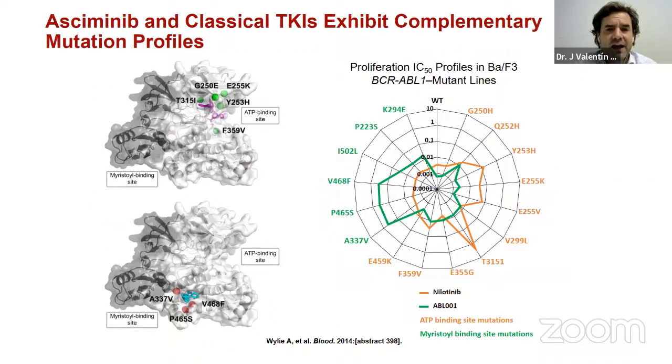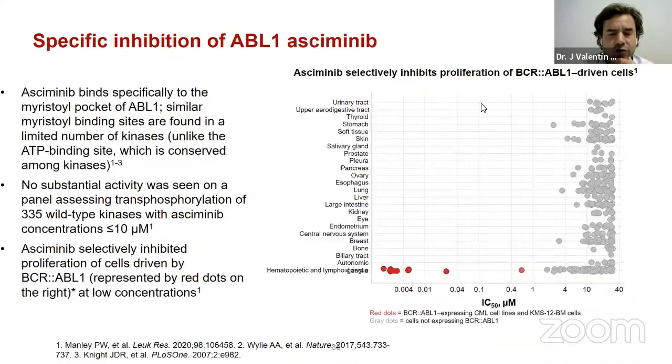The first one is that, because this drug works with a different mechanism, it can be combined with conventional TKIs, and this is very important especially in those patients harboring mutations, because our patient may have one mutation but also different mutations, and these mutations may confer resistance to conventional TKIs but also to asciminib, so to have a drug that can be combined with conventional TKIs may also be useful.